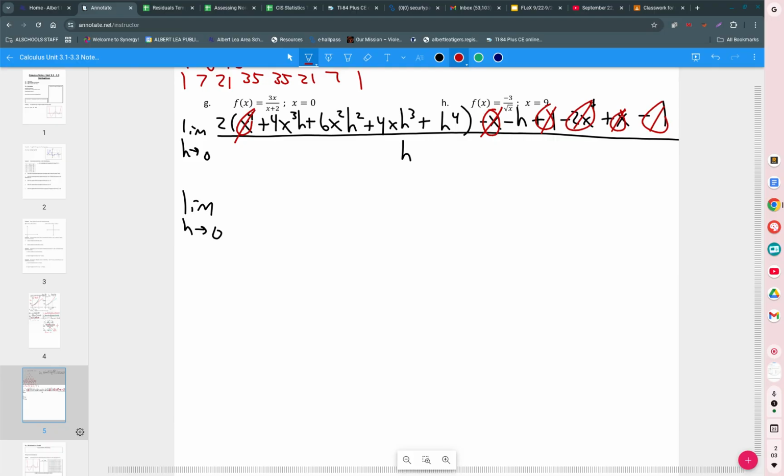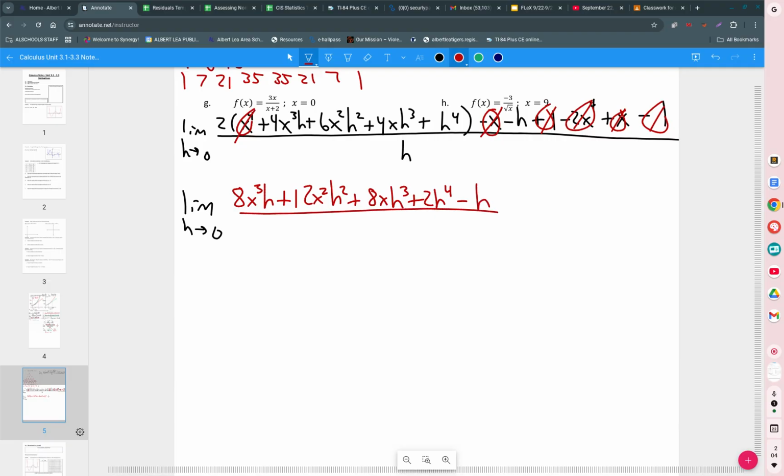We will not have a 4x cubed h, but an 8x cubed h. Followed by what? 12x squared h squared. And then an 8xh cubed. And then a 2h to the 4th. And finally, a minus h.